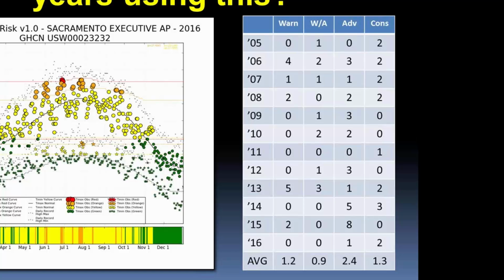But what's nice about it, we tried to build it so the forecasters would consider it. So they can think about, like, if it's the 4th of July weekend, if the Strawberry Festival's going on, if something socially important is going on. The orange is telling them it's an anomalously hot period, but maybe it's in the middle of the week, maybe it's a small area, maybe it's out in the foothills where nobody lives.